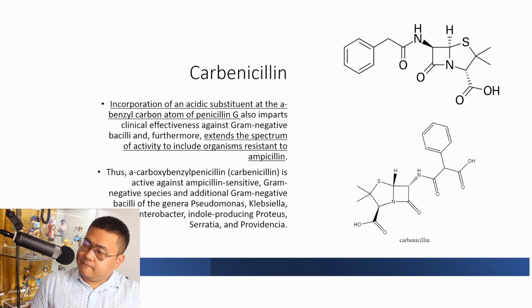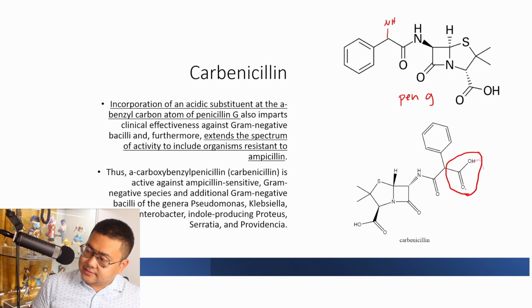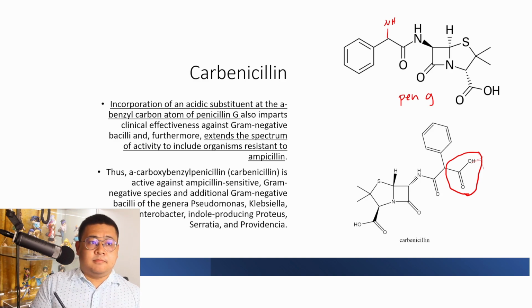So you have our Pen-G, and you have carbenicillin on the bottom. Compared to ampicillin, instead of the amine, you added a carboxylic acid. Okay, so this is our carbenicillin.